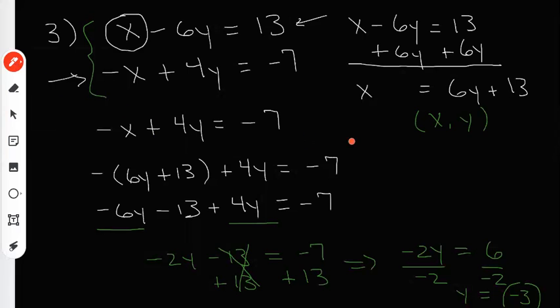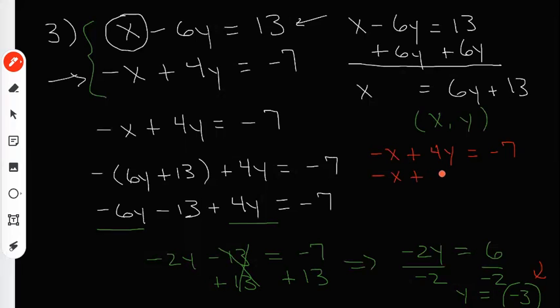So here I'm doing back substitution. I'm going to change my color to red. So my bottom equation is negative x plus 4y equals negative 7. So now, since I know that y is negative 3, I can just plug that in for y.